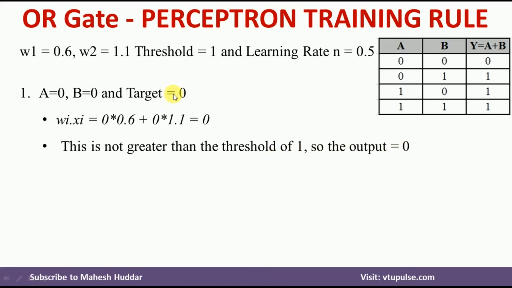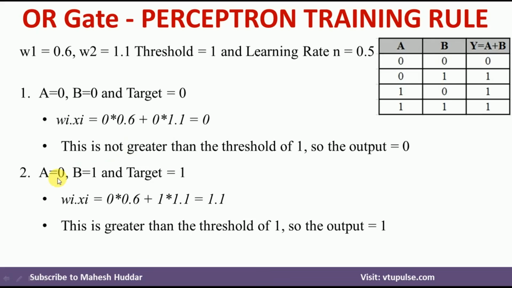The output matches the target, no need of weight updation. We go with the next example, A equals 0, B equals 1 and target is 1. The summation term is 1.1, which is greater than the threshold value, hence the output is 1. The output is 1 and the target is 1. Because both of them match, no need of weight updation.